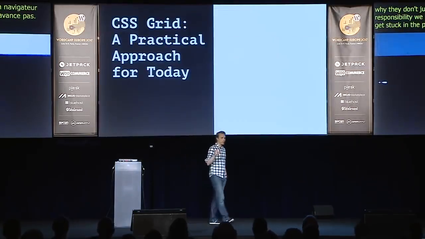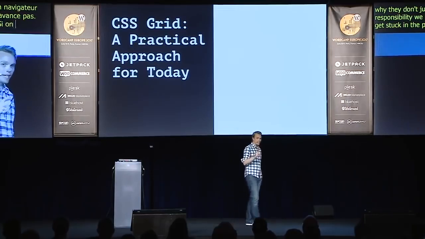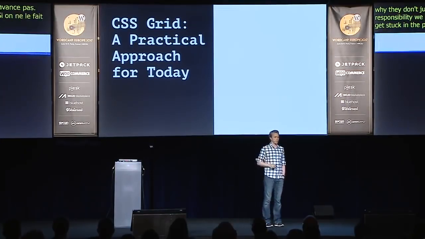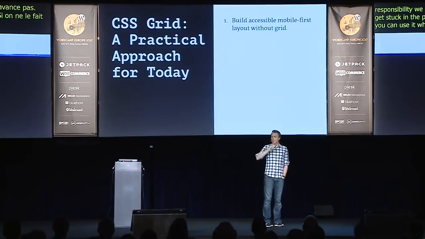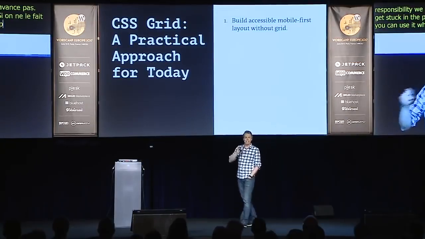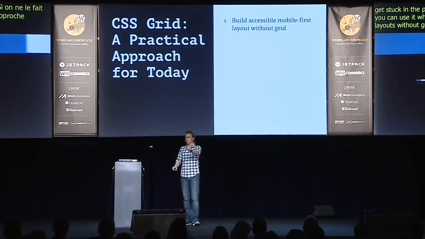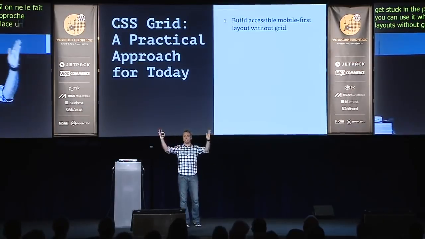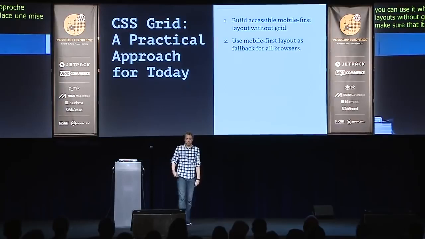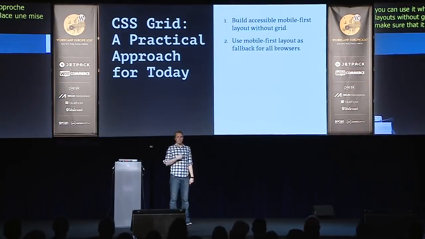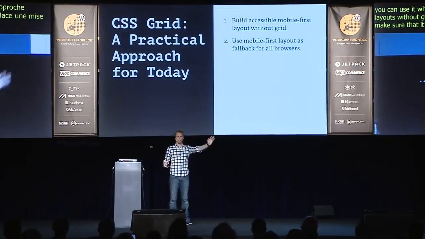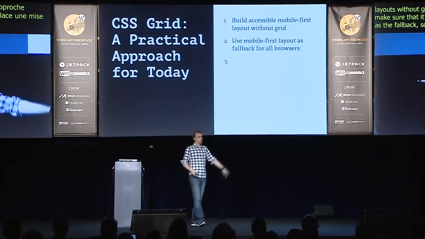So, a practical approach to CSS Grid right now, so you can use it when you walk out of this room. First, build accessible mobile-first layouts without grid. That is your baseline. So make it work on your mobile phone, and make sure that it still works when it's on a wide screen. Then, use that mobile-first layout as the fallback. So if everything goes to hell, mobile-first works.